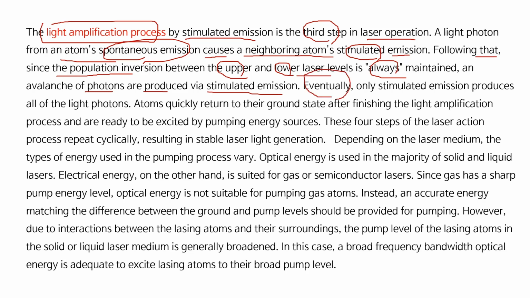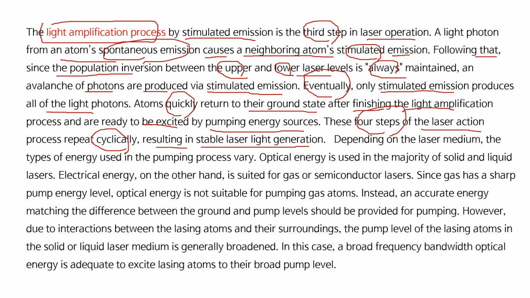Eventually, only stimulated emission produces all of the light photons. Atoms quickly return to their ground state after finishing the light amplification process and are ready to be excited by pumping energy sources. These four steps of the laser action process repeat cyclically, resulting in stable laser light generation.